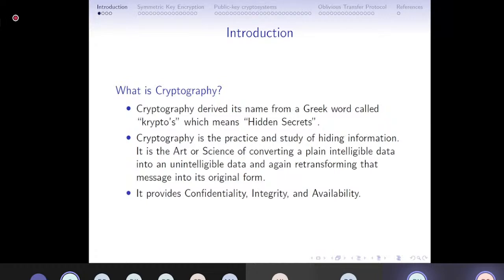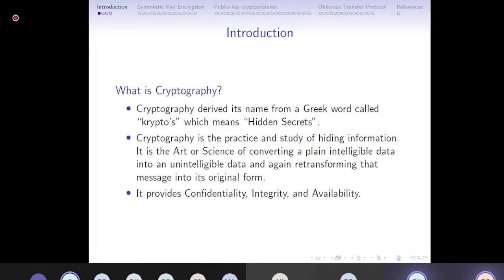That means we have a simple plain text or simple message, and our aim is to convert that plain text into unintelligible data. So it basically provides three things. First one is confidentiality, second one is integrity, and third one is availability. What is the actual meaning of confidentiality?